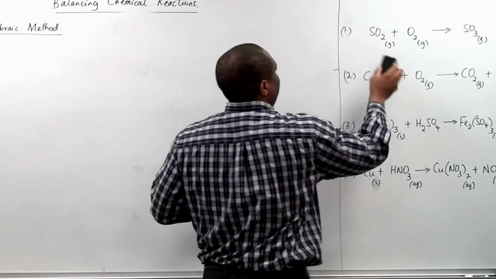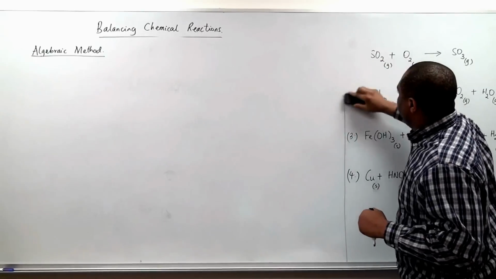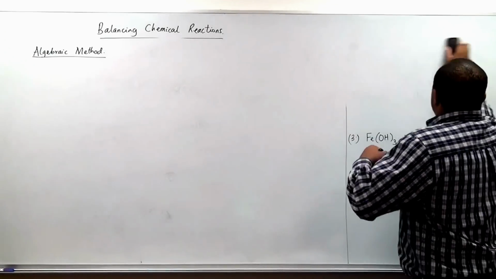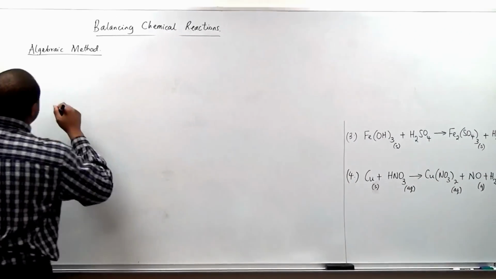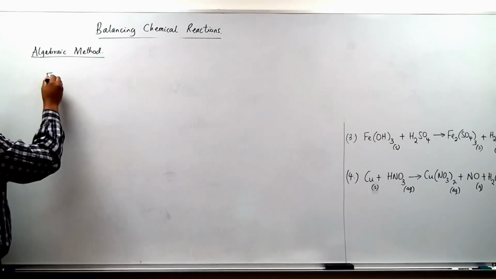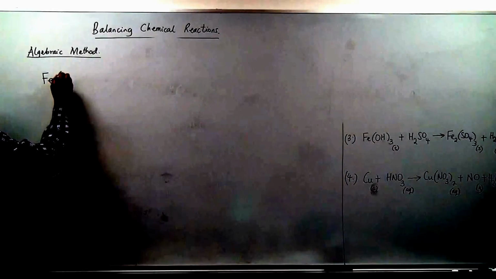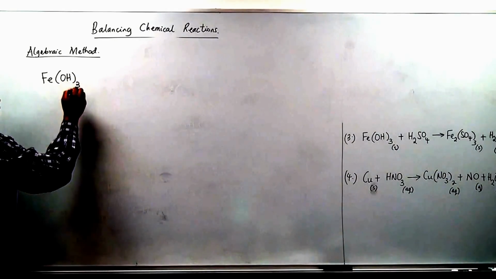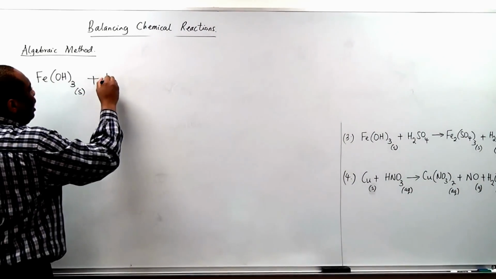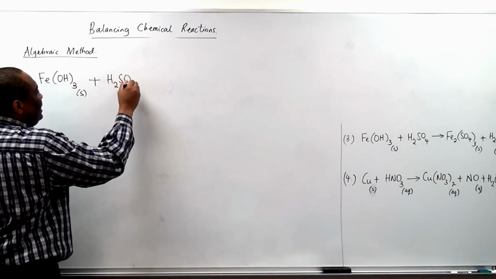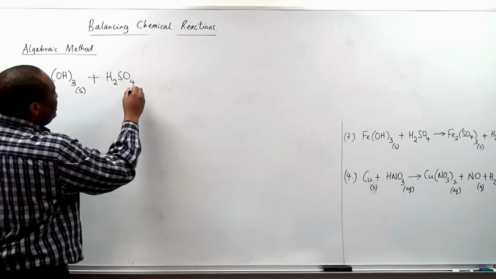Now, I'll probably erase this too, because I might need this space because of the algebra. All right, the next one, number 3, we have iron hydroxide, iron 3 hydroxide, solid, reacting with a tetraoxosulfate 6 acid, of course, which is aqueous.